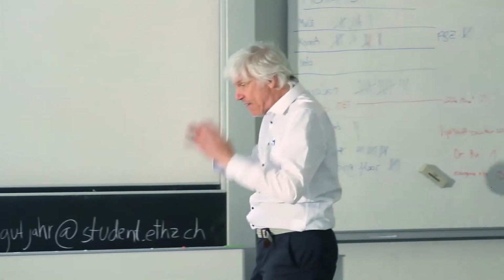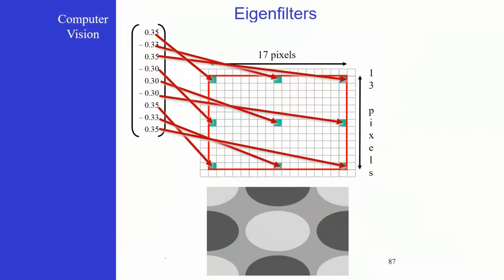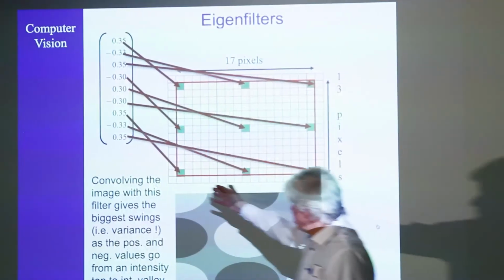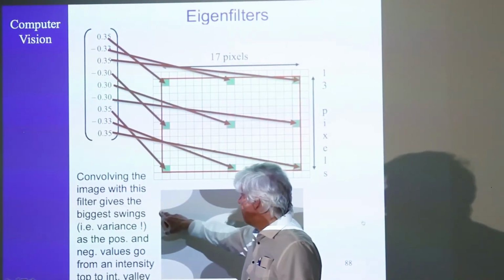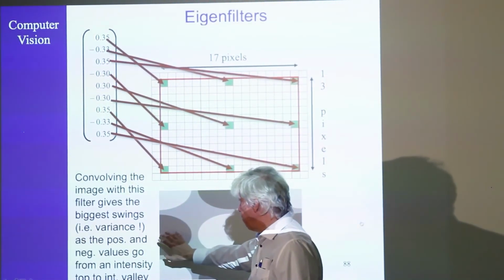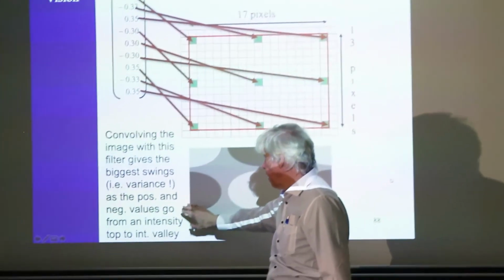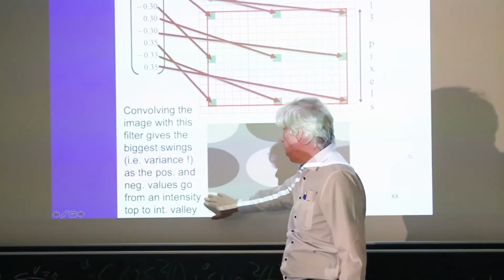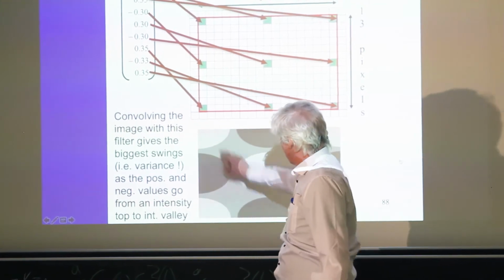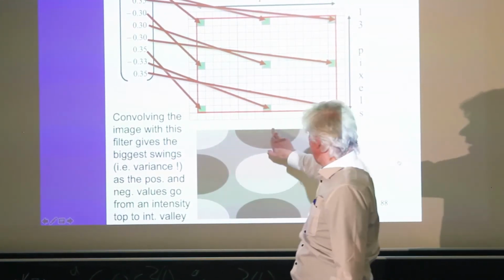So you have the biggest swing in the output. So convolving the image with this filter gives the biggest swings in variance as the position changes and as the positive and negative values go from an intensity top, like here, to an intensity value, like here.